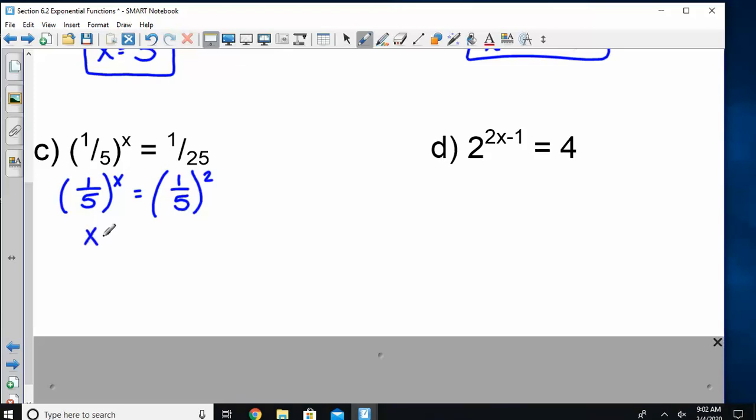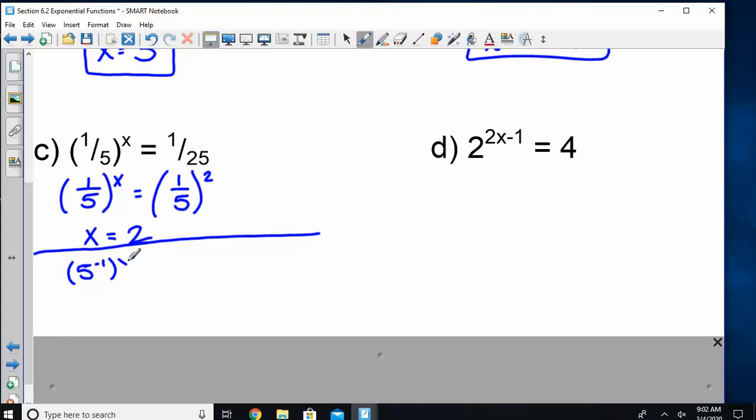In that, you can then just drop the base and x is 2. I also have people that really freak out when they see the fractions and they don't like them. So you could rewrite this. 1/5 is the same as 5 to what power? -1, right? Is what makes it a 1/5.